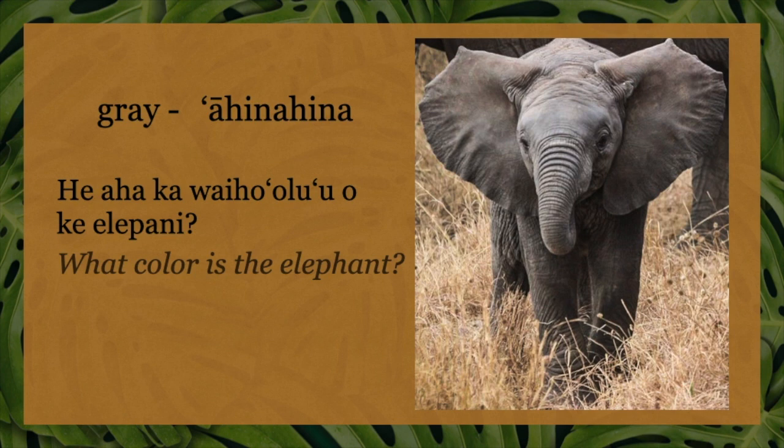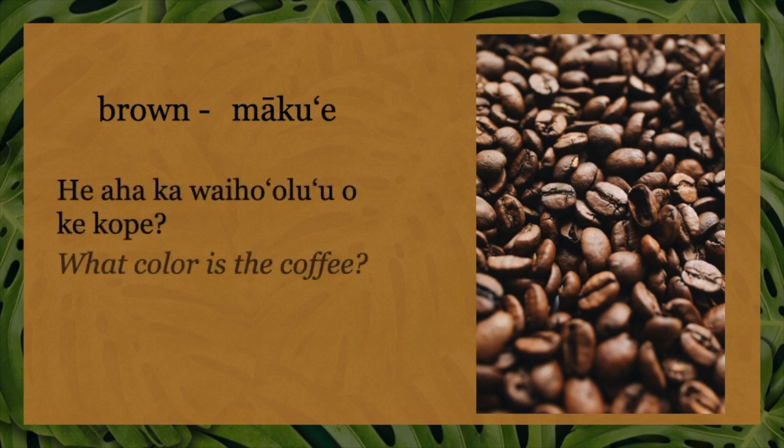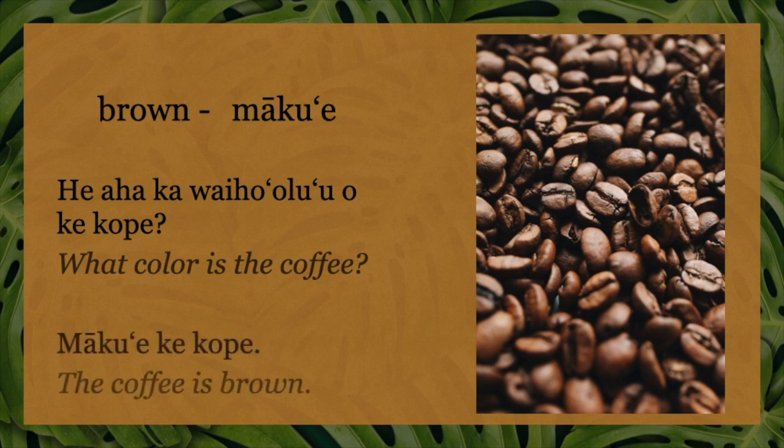What color is the elephant? Ahina hina ke elepani. The elephant is gray. And finally, brown, ma ku'e. He aha ka waiho'olu'u o ke kope. What color is the coffee? Ma ku'e ke kope. The coffee is brown.